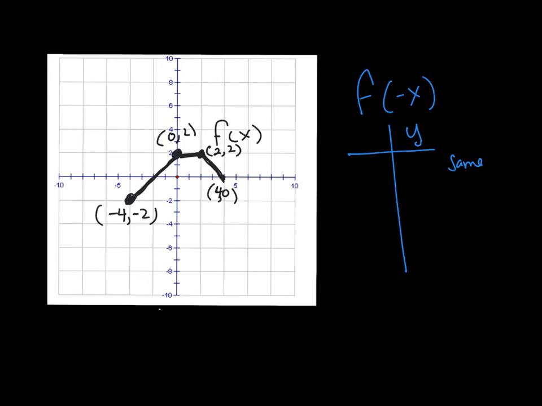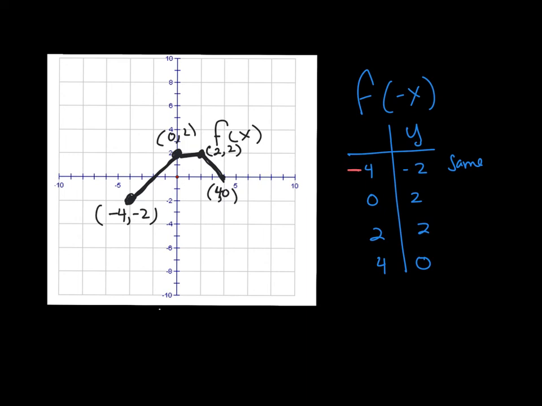So if I look over here on the left from my graph, those points that I have are -4, -2, 0, 2, 2, 2, and 4, 0. So all of the y values that we have here, those are going to stay the same. What's going to change, though, are all of my x values, and those all get multiplied through by a -1.